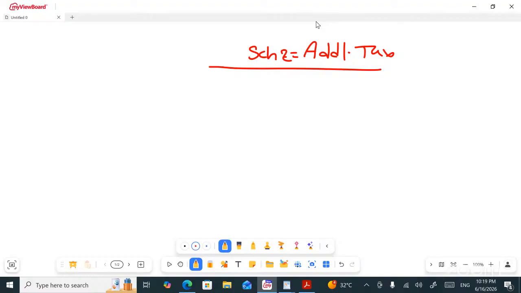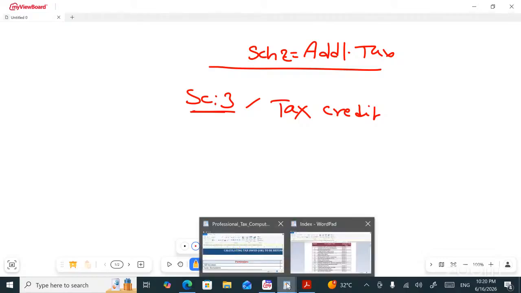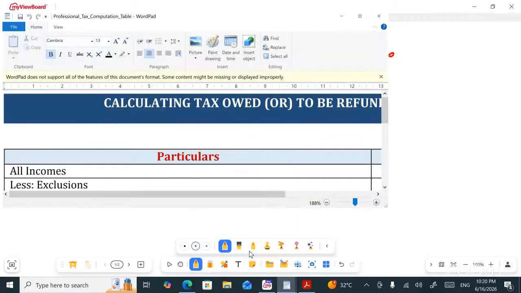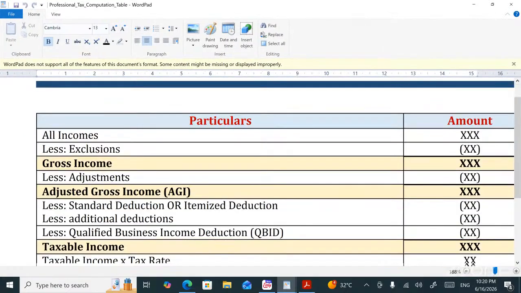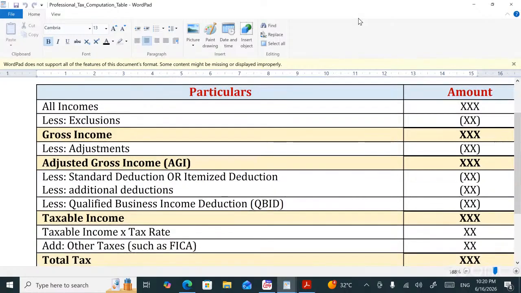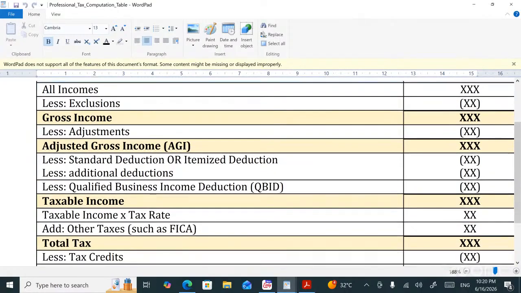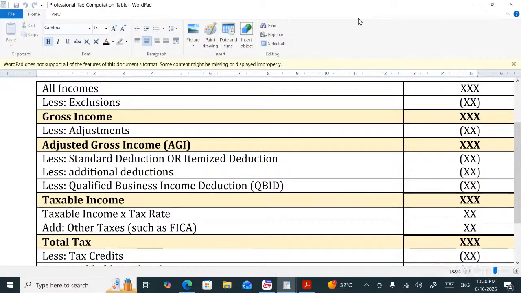Now coming to Schedule 3. Schedule 3 is nothing but the tax credits. What is the meaning of the tax credit? So in this form, first you are required to calculate the taxable income.